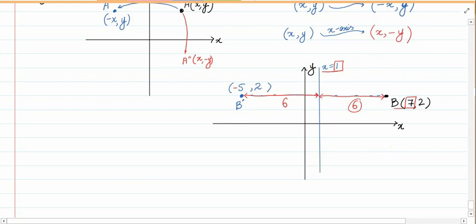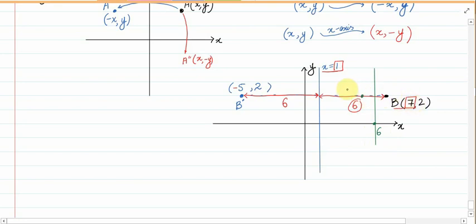I'm going to draw it with the green pen so that it is visible to you. Let's suppose this time the line lies here and its value is 6. Now can you identify, when B is reflected in this line, where should it lie? So it will lie here, right?